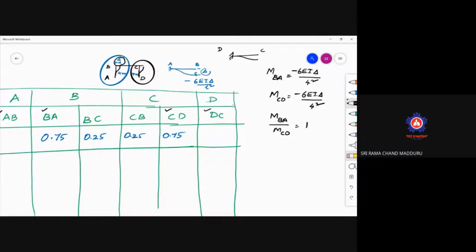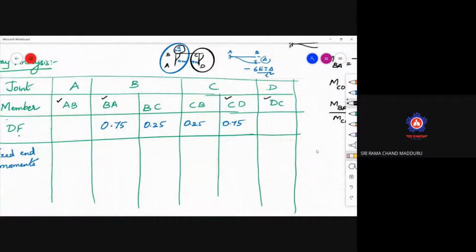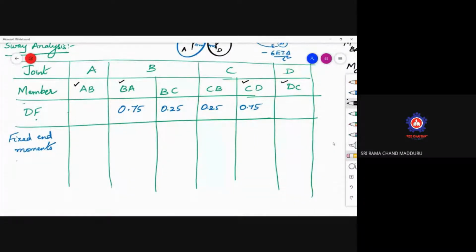So you have to assume the moments in such a manner that, see this, I'm just assuming one numerical value.